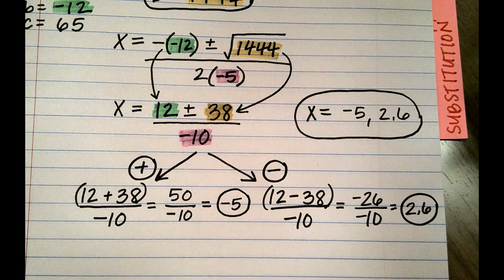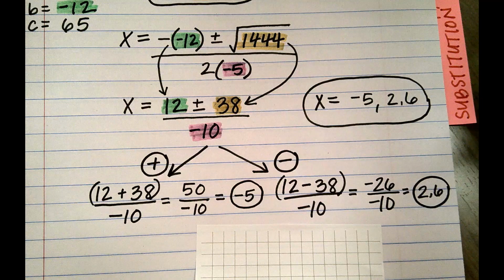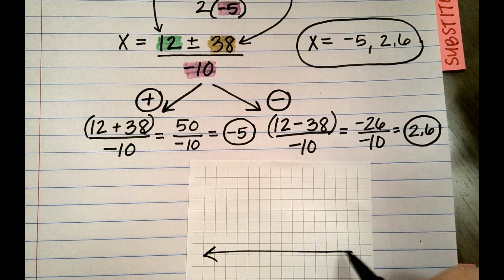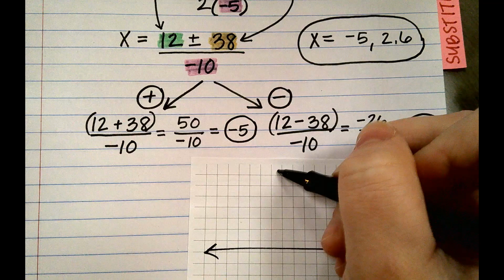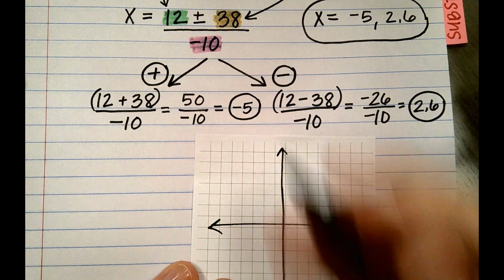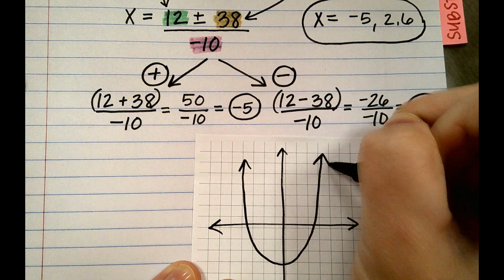What we just solved for here is, if I were to graph this equation, where the graph touches the x-axis. And because the graph of a quadratic equation looks like this, which we won't talk about much today, here's my graph. If I were to graph it, it would look about like this.